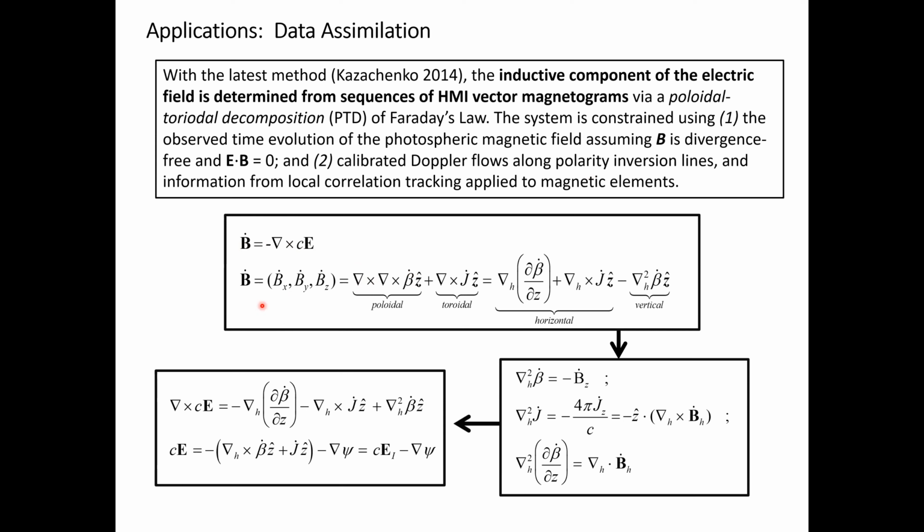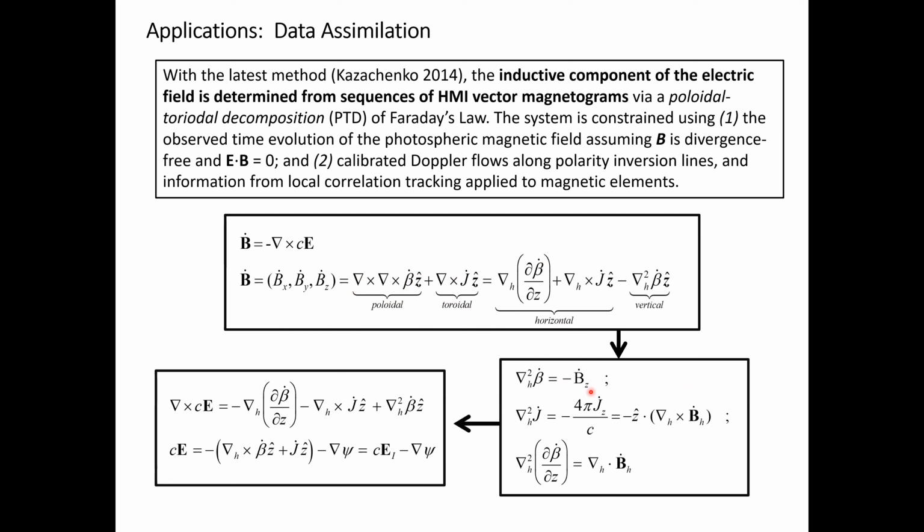And then in this method called poloidal-toroidal decomposition, what we do is we bust it up into a Helmholtz decomposition, in other words, the curls of a couple of scalar functions. And then you do a bunch of vector algebra. And when all the smoke clears, what you end up getting for these scalar functions, beta and J, are three coupled Poisson equations that can actually be pretty efficiently solved.